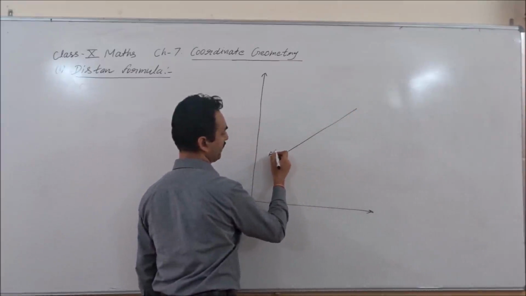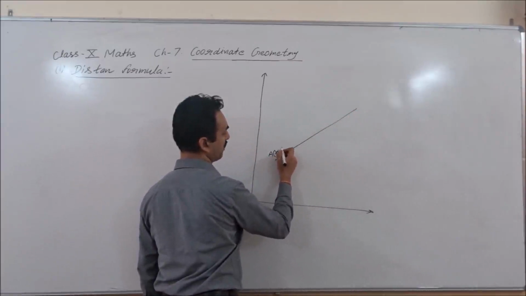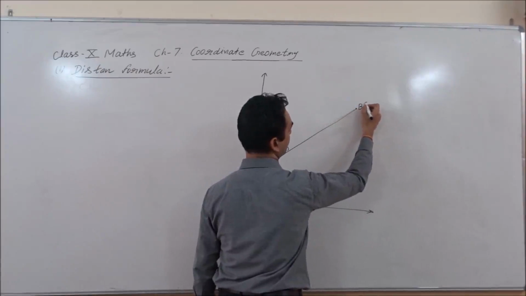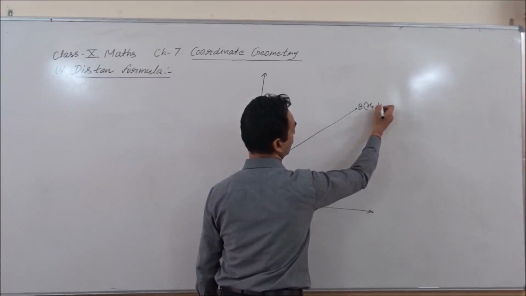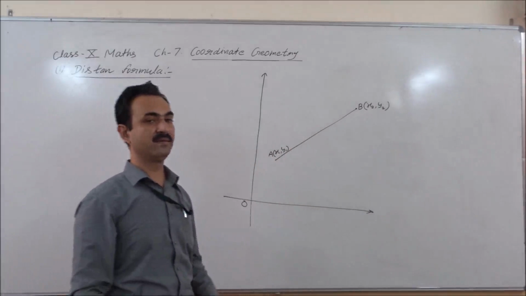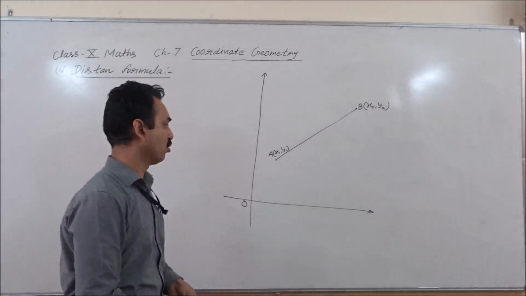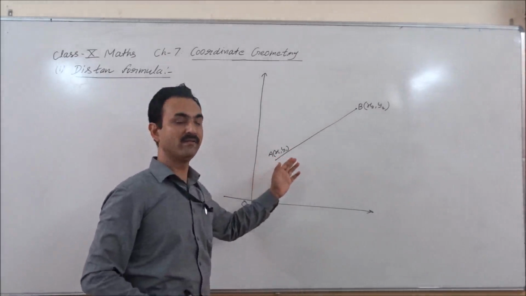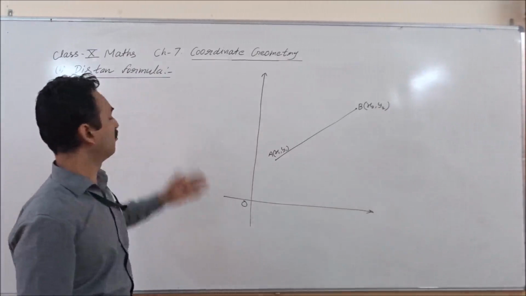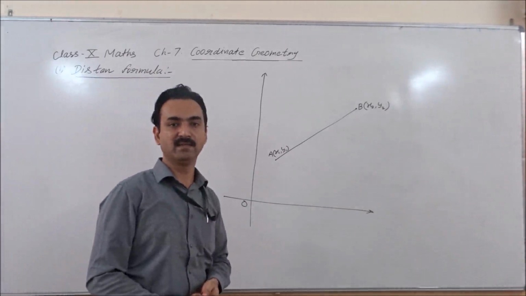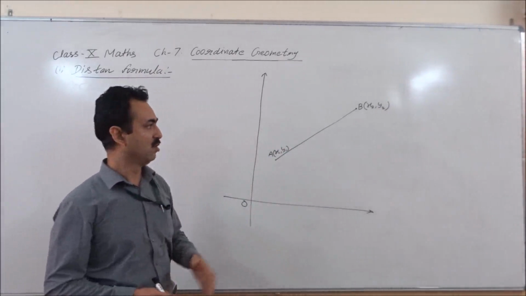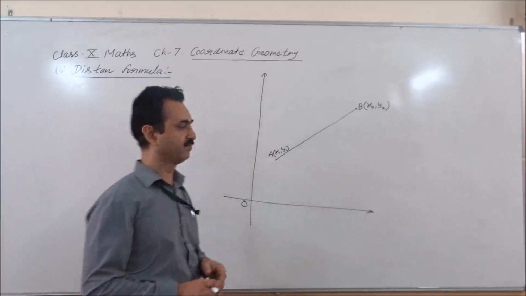This is point A, x1, y1, and this is point B, x2, y2. Actually we are deriving the distance formula here, so we are not writing any numbers. It may be any number.